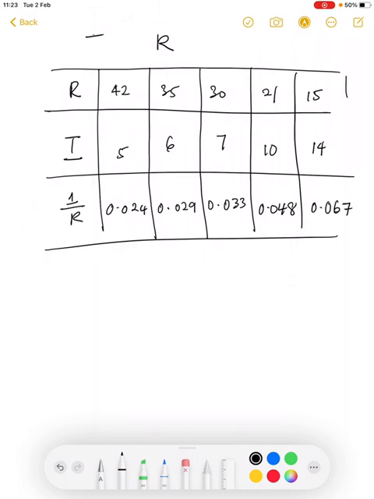Okay, so now we have the table of R, I and 1 over R.